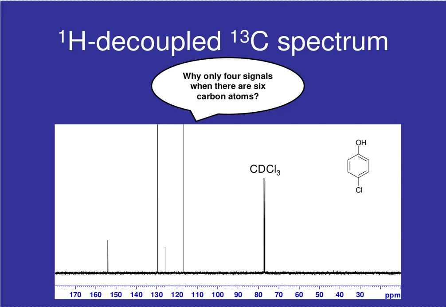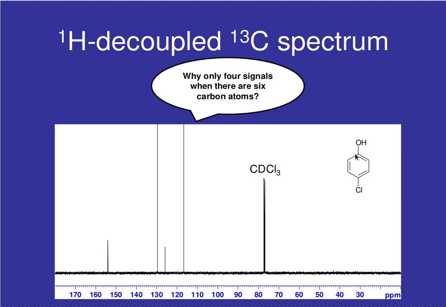Have a look at this case. Of course, once you've assigned the solvent signal in the spectrum, you've only got 4 signals for a molecule that has got 1, 2, 3, 4, 5, 6 carbons. So the question is, why are there only 4 signals when there are 6 carbon atoms? And the answer is that we have doubling up. This molecule is symmetrical, and so this carbon is identical to this carbon, and this carbon is identical to this carbon.